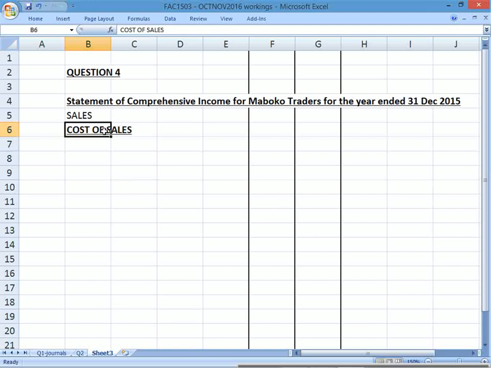And then cost of sales is obviously going to be calculated, right? So cost of sales is going to have a separate calculation here, so I'm going to leave space. We can actually write down the formula.